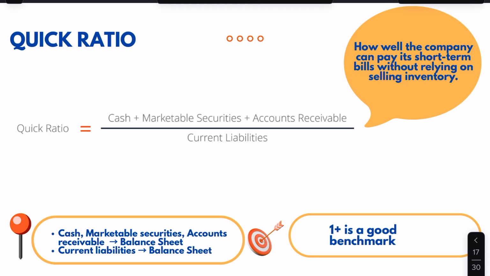Next, let's look at the quick ratio. The quick ratio is a more conservative version of the current ratio. It excludes inventory and focuses only on the most liquid assets, things that you can turn into cash quickly. The formula is cash plus marketable securities plus accounts receivable divided by current liabilities. You can find cash, securities and receivables in the balance sheet, and the current liabilities too.